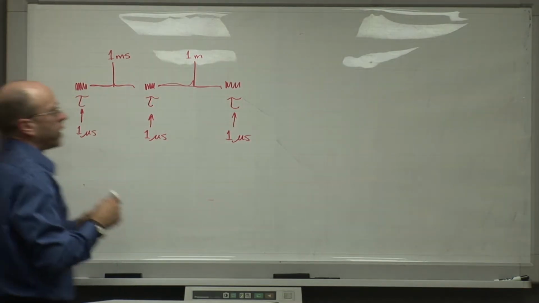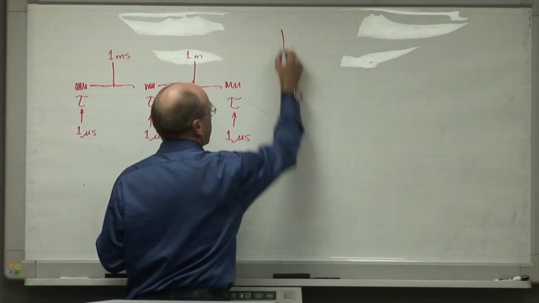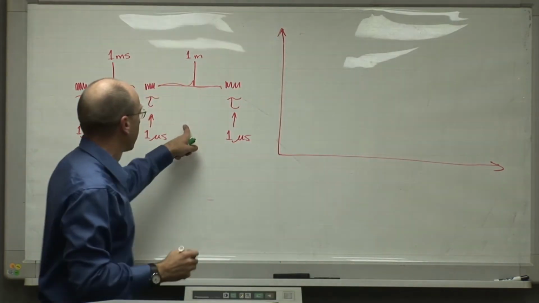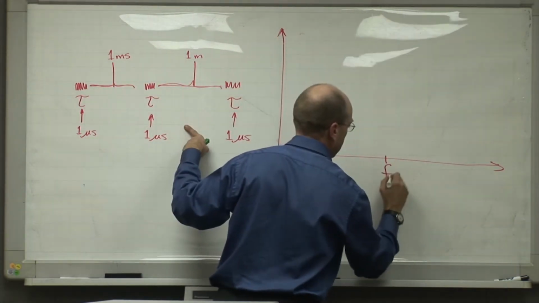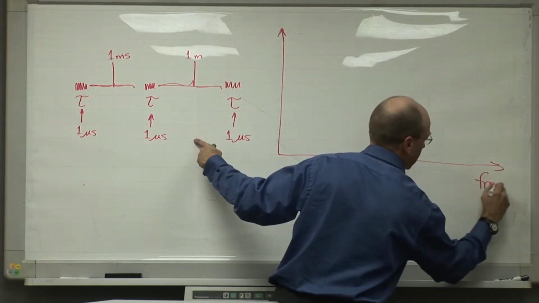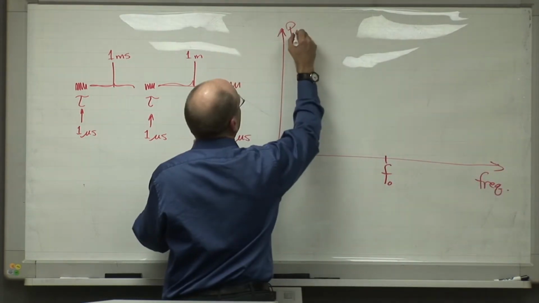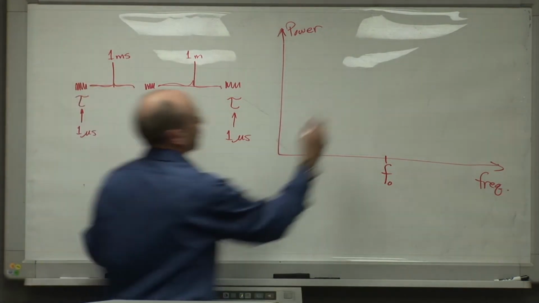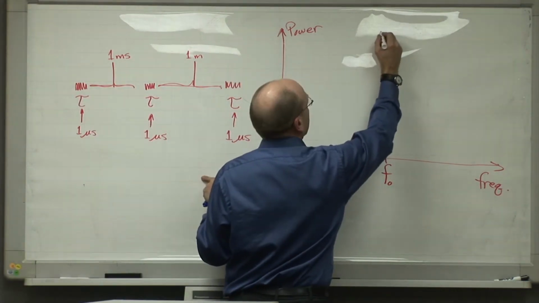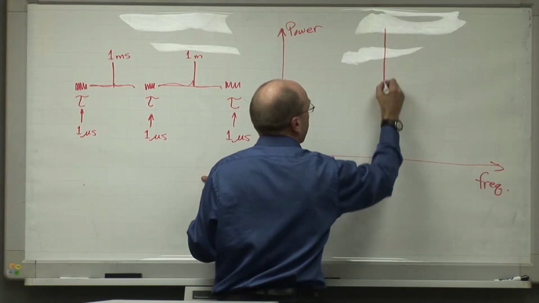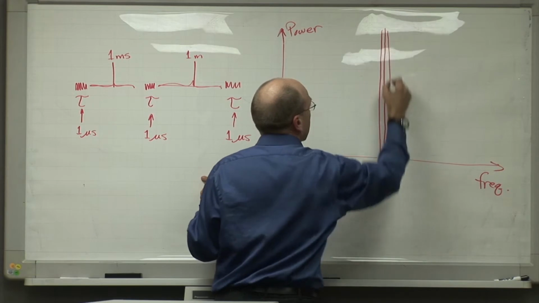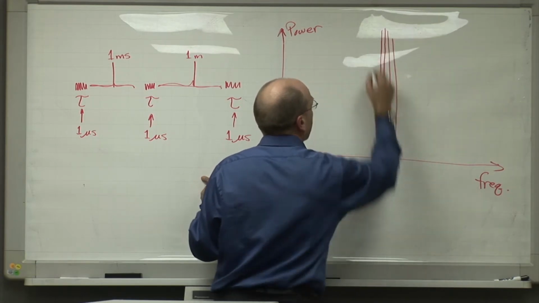Then we develop a radar emission spectrum near the fundamental frequency F0, plotted as frequency versus power. We get a line spectrum, and the lines will look like this, and so forth out.